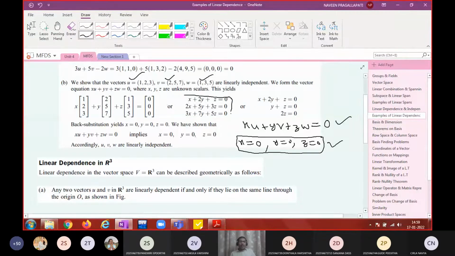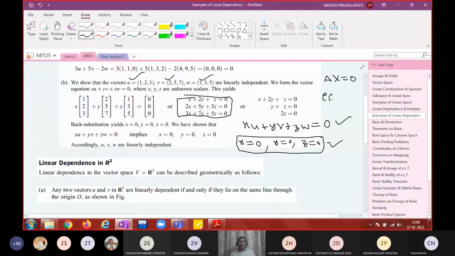Yes, sir. And you know how to solve the homogeneous system? It is in the form Ax equal to 0. When does Ax equal to 0 have the unique solution, which is x equal to 0? When is it going to have only the zero solution, no other solution? Do you remember?